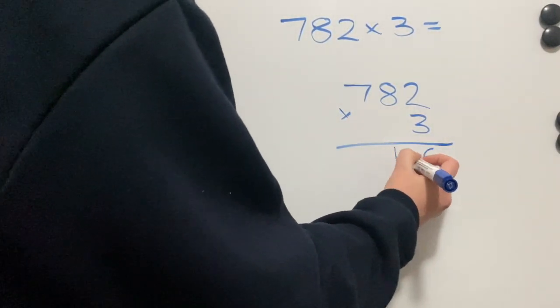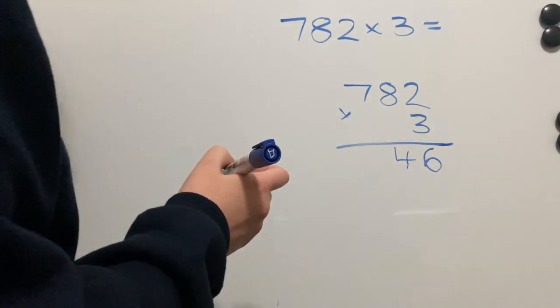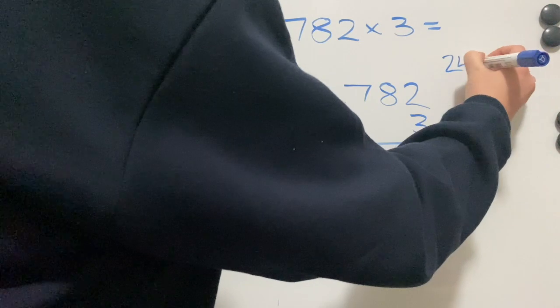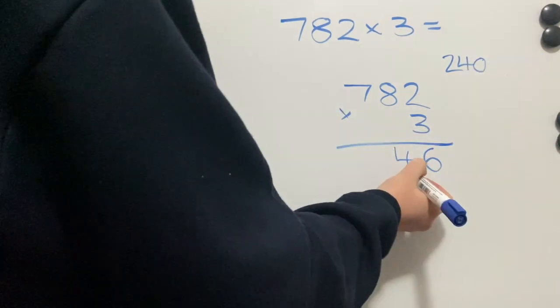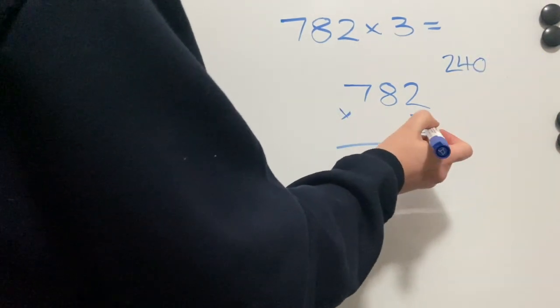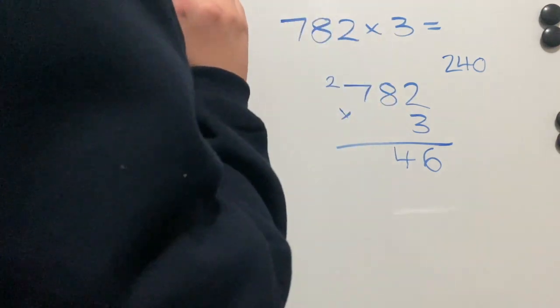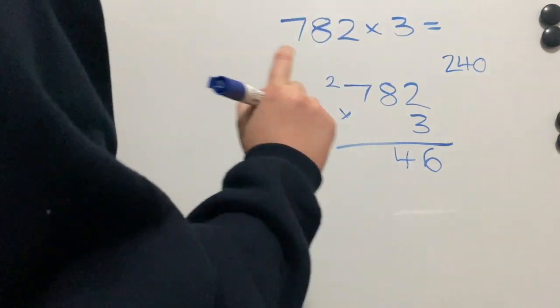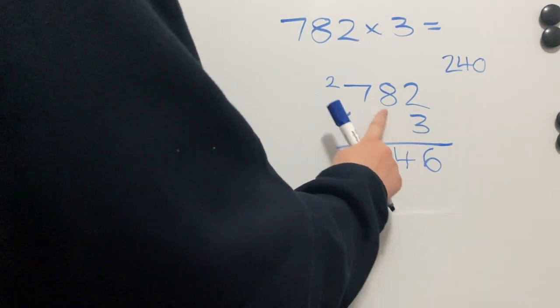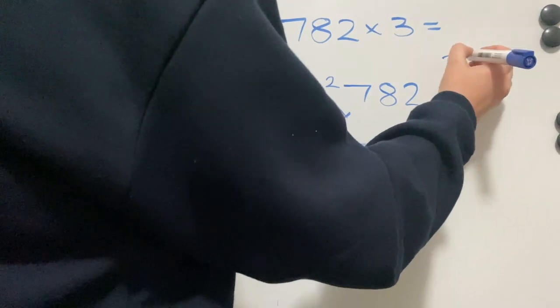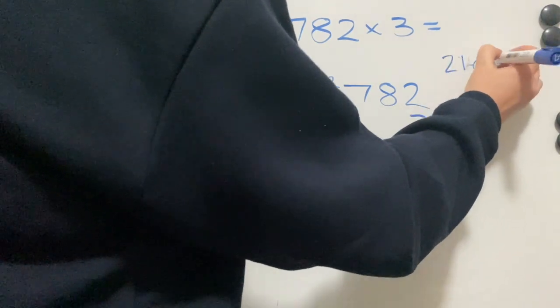Now I can't put the hundreds in just yet because I haven't multiplied the hundreds. So I'm going to leave the tens number from 240 in the tens column. And I'm going to put the 200s in here ready to add later. When I multiply 3 by 700, I get 2,100.